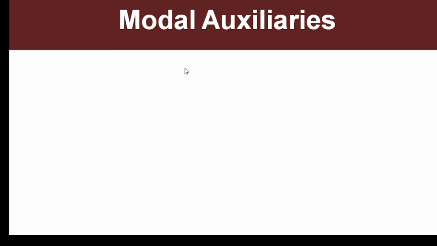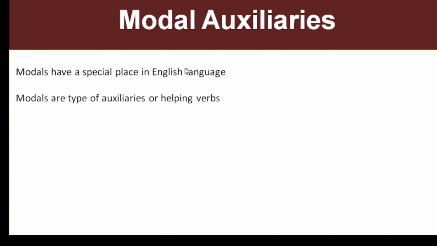How are modal auxiliaries useful in learning a language? Modals have a special place in the English language because they help us in learning language in many ways. Modals are a type of auxiliary, or helping verbs. They express the attitude of the speaker to any process.